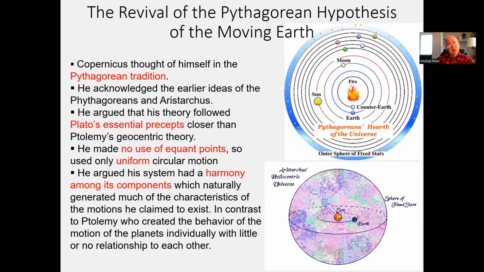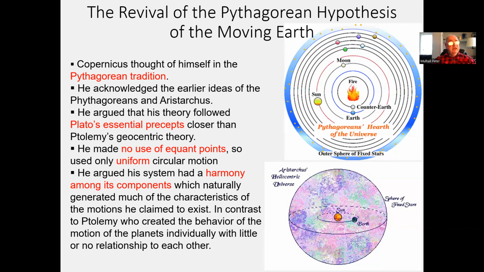He reveres the classical authors and their works, and all great knowledge, except for the Bible, can be found in those works. They are the intellectual heritage that we have at the time of Copernicus. A lot of it filtered through the Arabic translations, but ultimately you're going back to the classical world.